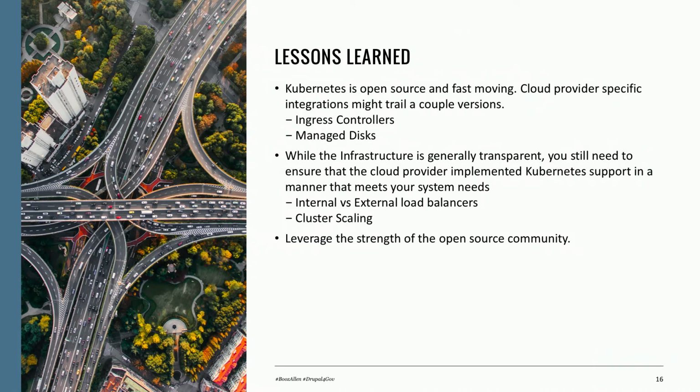And then the open source community. The thing that's pretty awesome about Kubernetes, it's an open source project by Google. So there's a big community around it. If you have questions, there's lots of people there to answer it. But the other thing that's really great is Azure, AWS, and GCE all have first-party support for Kubernetes, and they all have their Kubernetes implementation open sourced.